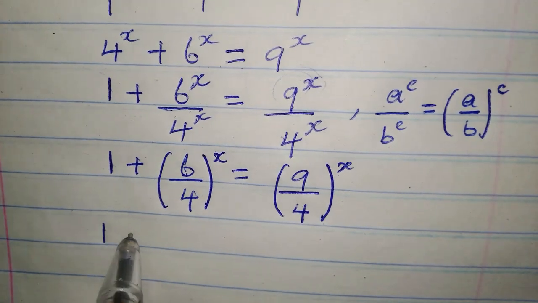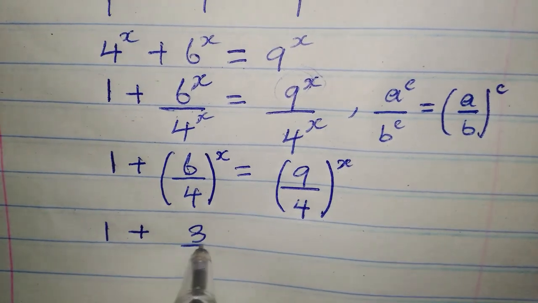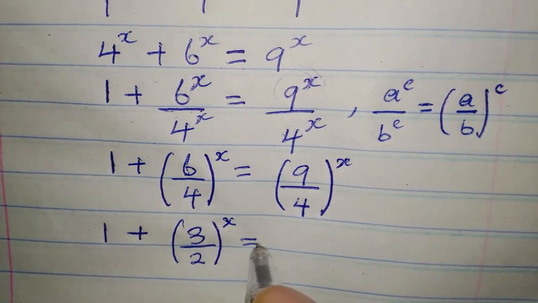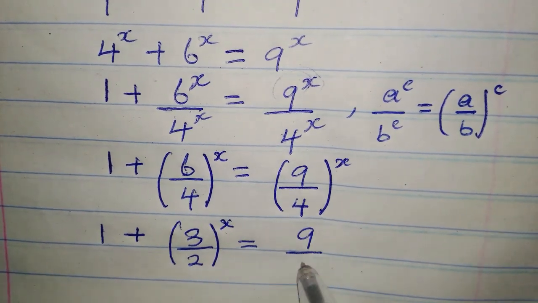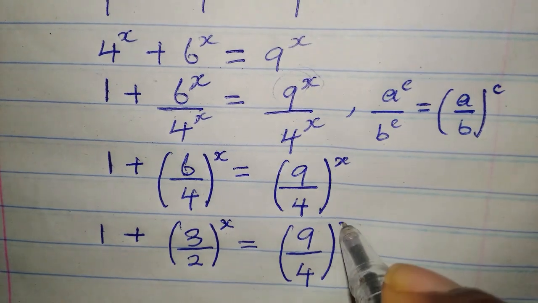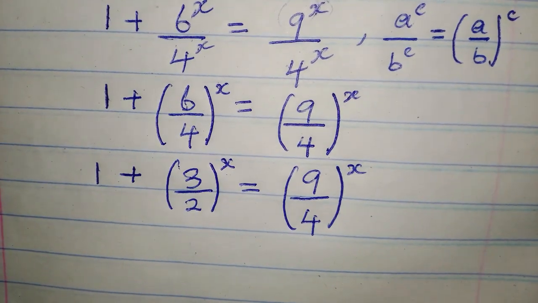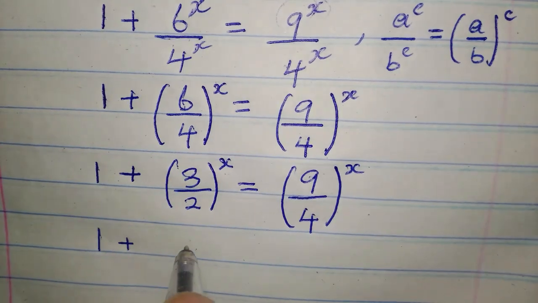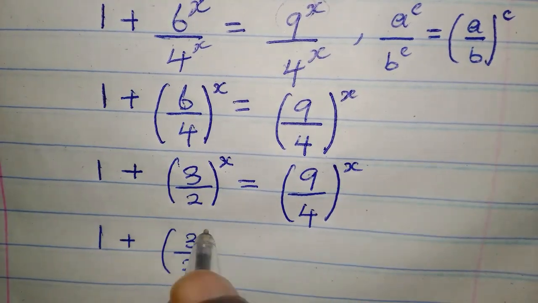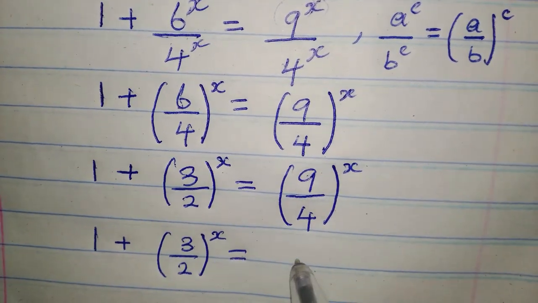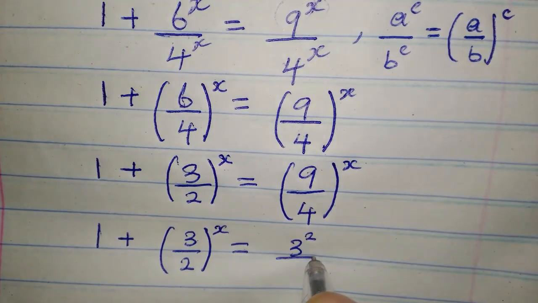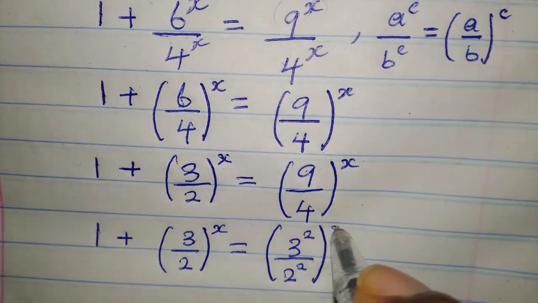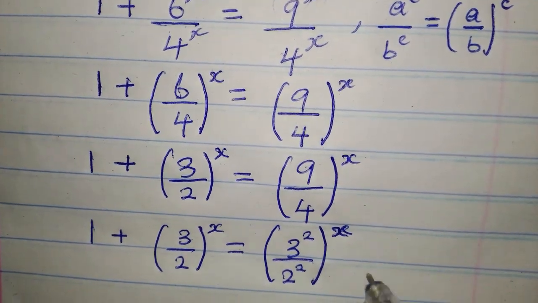So if we divide by 2, we have 1 plus (3 divided by 2) all to the power of x equals (9 over 4) all to the power of x. Having this, we can simply break this down: 1 plus (3 divided by 2) to the power of x equals (3 squared divided by 2 squared) all to the power of x. So this is what we are now having.